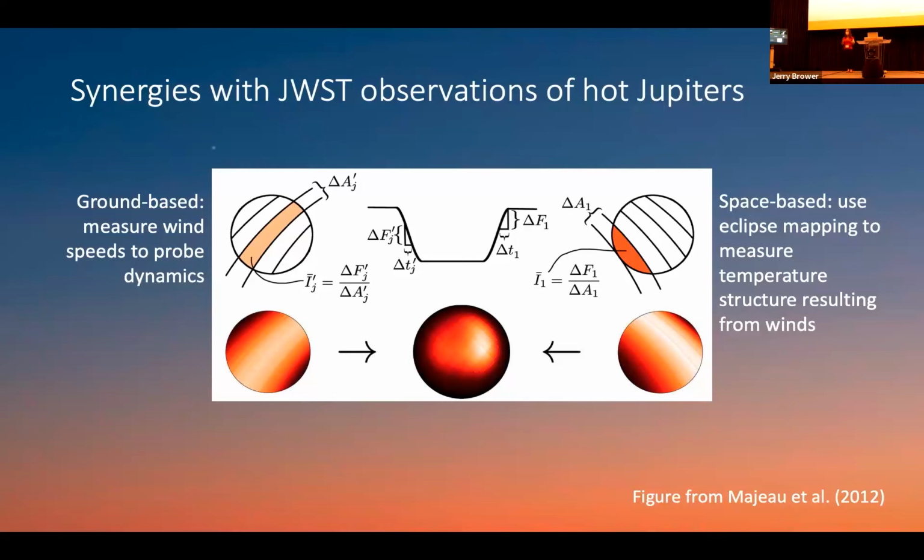But this whole temperature map is presumably being driven by winds in the planet's atmosphere. And at high resolution from the ground, you can measure those winds directly based on red shifts and blue shifts in the lines that you're observing from the planet. So I think this is a really interesting area where you could combine temperature maps from space and wind speed measurements from the ground to really get a lot more information on the dynamical processes happening in these planets' atmospheres.